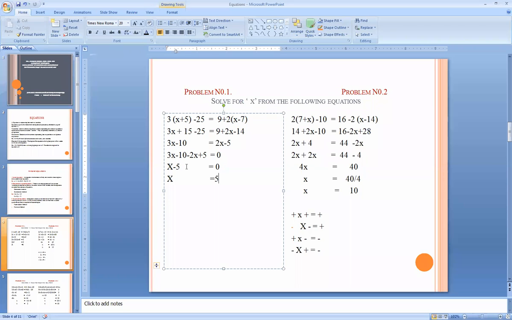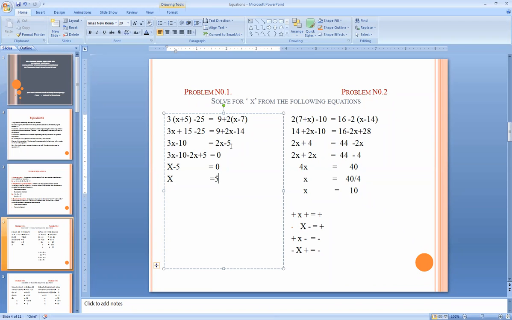3x minus 10. Here we have to calculate the value of x. So we have shifted the right hand side values to the left hand side. Here 3x minus 10 is left hand side. In the case of right hand side, there are 2x minus 5.